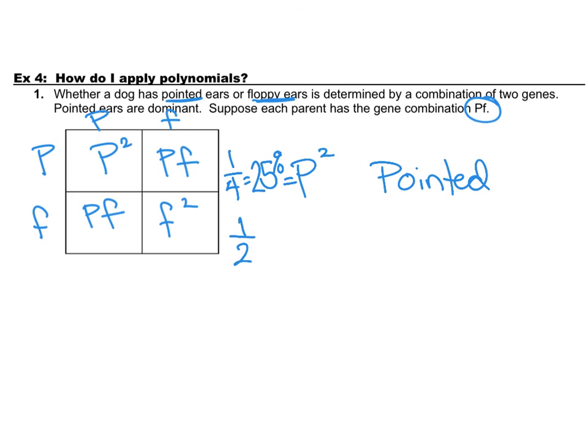1/2 of the time, or 50% of the time, we're going to have a combination of PF. And because the P is dominant, this combination is going to end up with pointed ears as well.